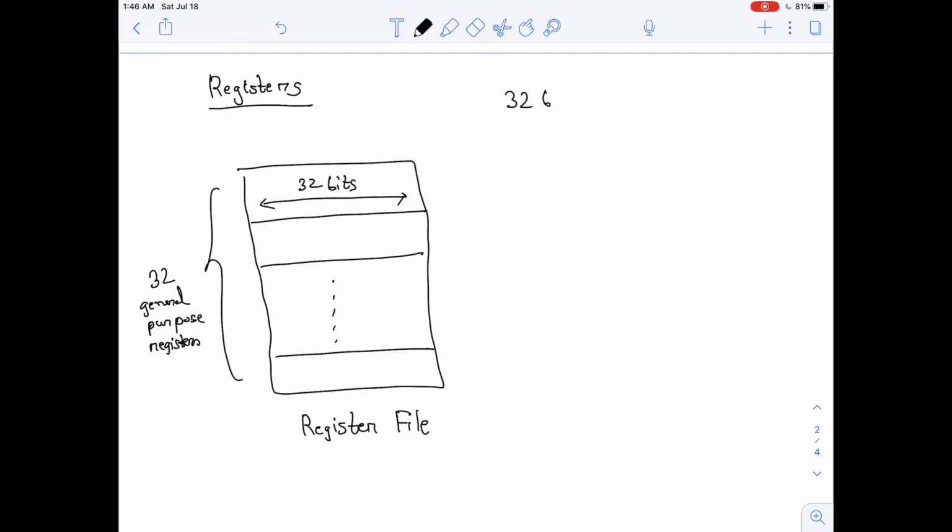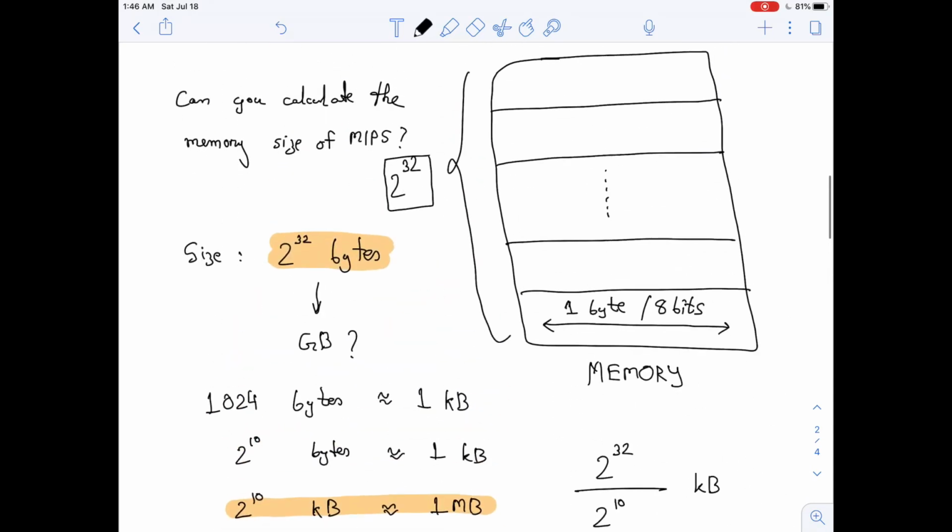So 32 bits is equivalent to 4 bytes, since we know 8 bits equal 1 byte. We already talked about this here.